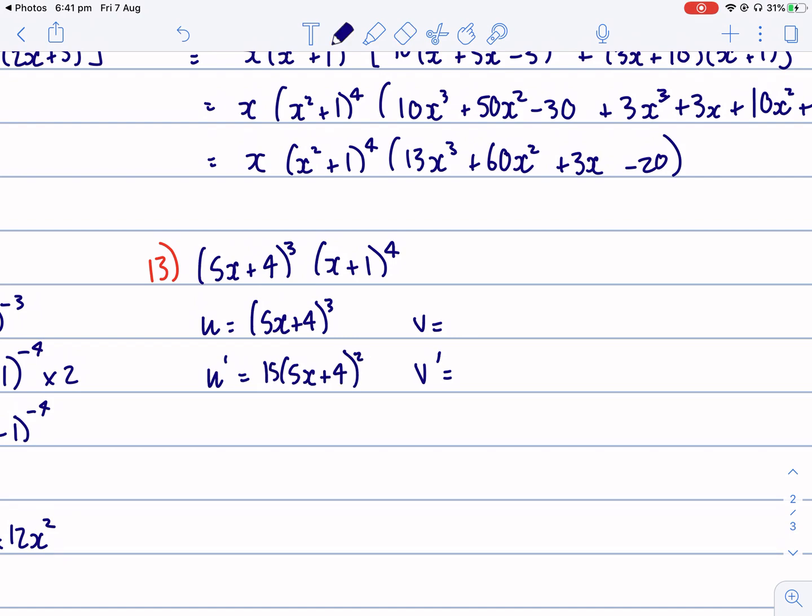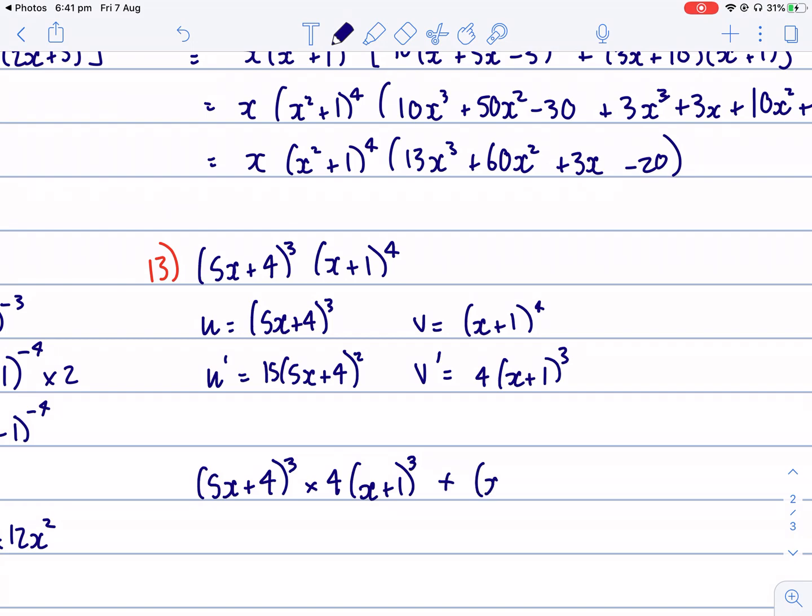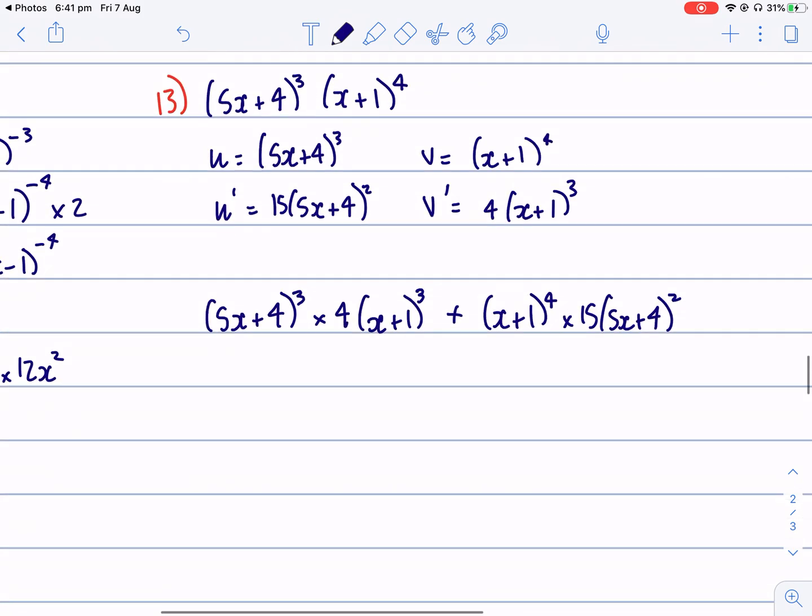So we're going to have 15. x plus 1 to the 4, 4 lots of x plus 1 cubed. So we've got 5x plus 4 cubed times 4, x plus 1 cubed, plus x plus 1 to the 4 times 15, 5x plus 4 squared.